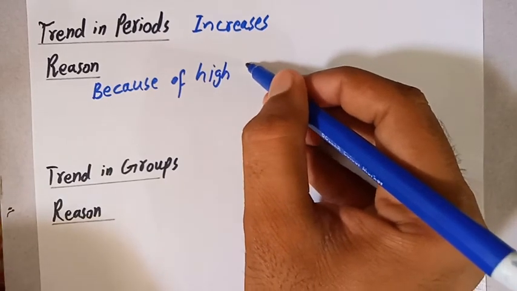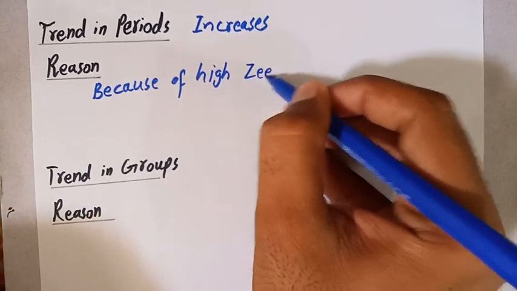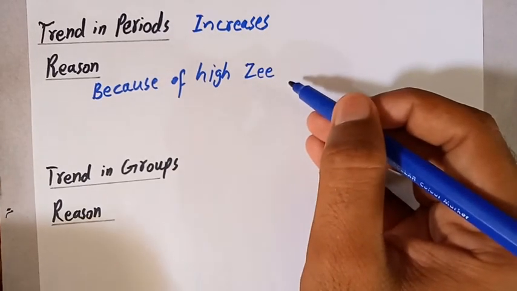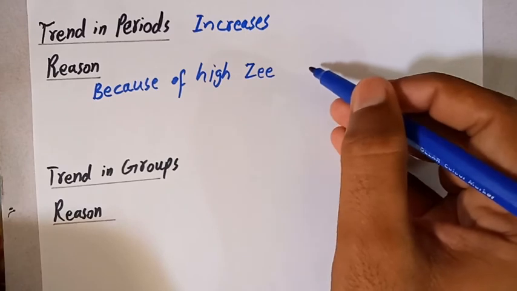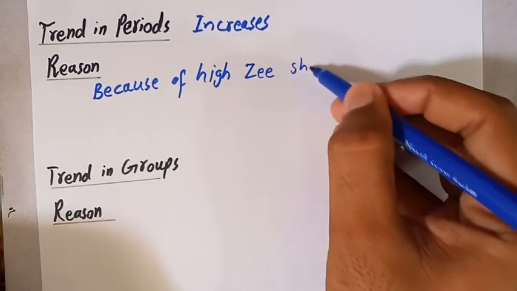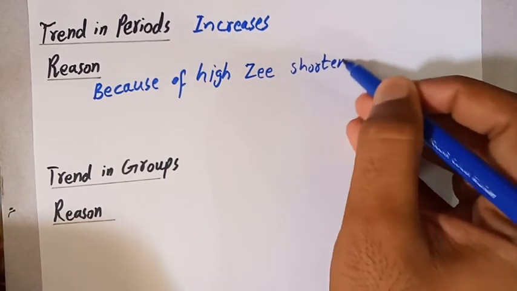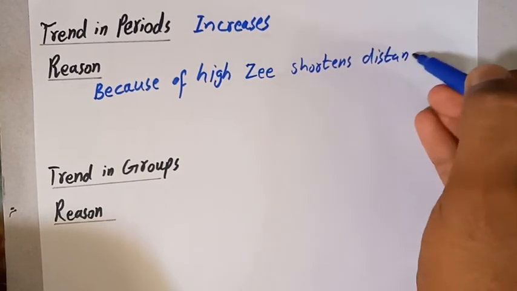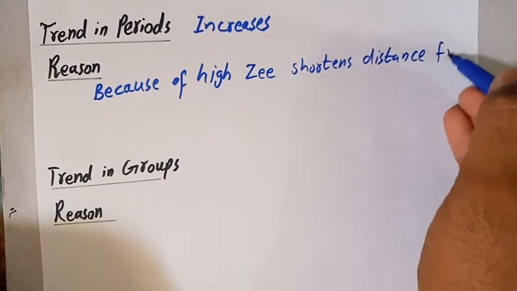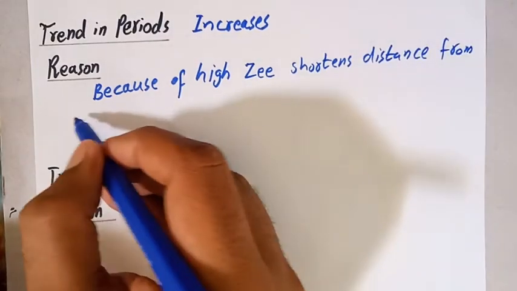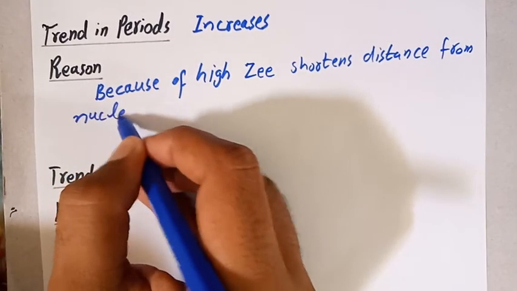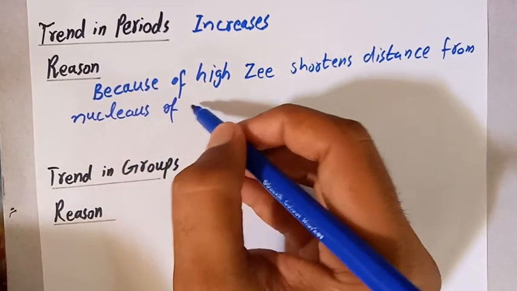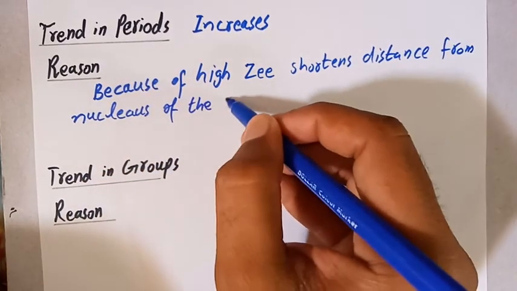We can say that higher Zeff, effective nuclear charge, shortens the distance from the nucleus of the shared pair of electrons.